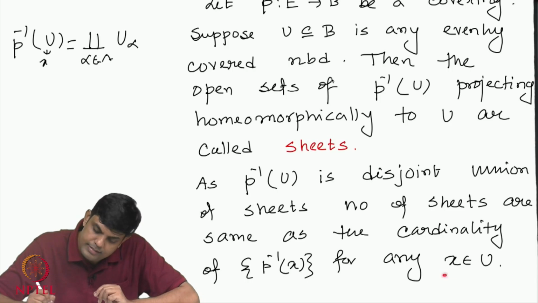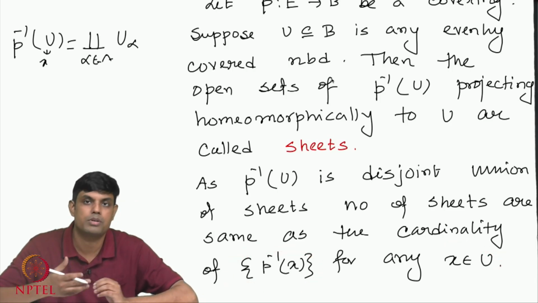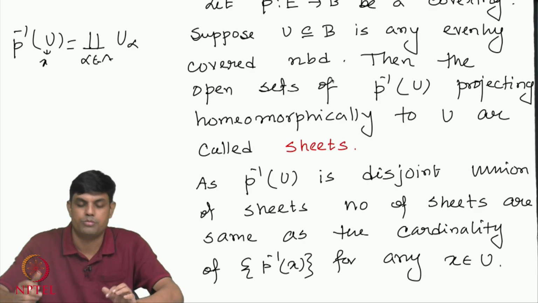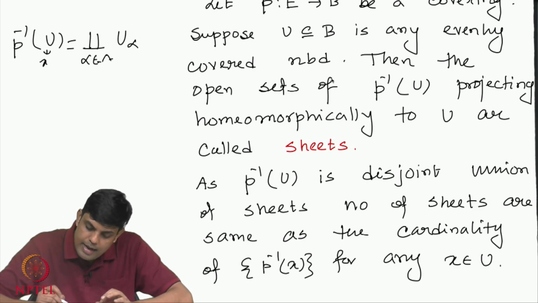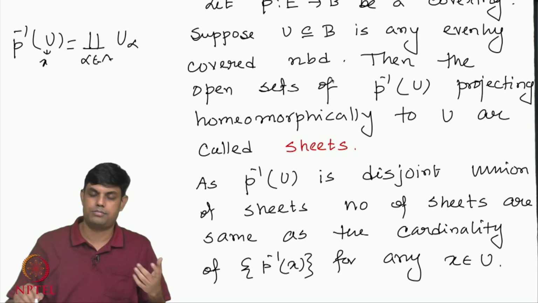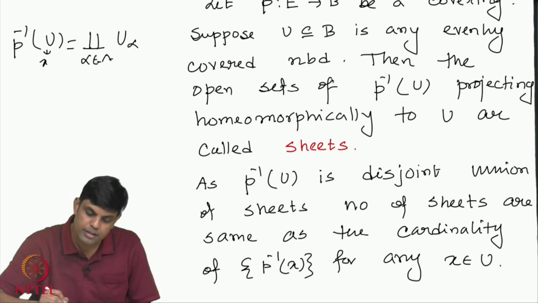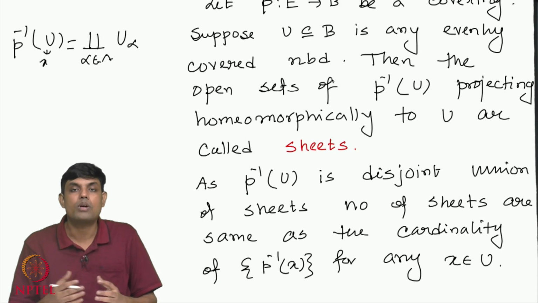In particular, if x is in U, then the number of elements in P inverse x is exactly the number of sheets of P inverse U over U. And you can see that this is equal for all x belonging to U. Therefore, the number of elements in P inverse x is locally constant.